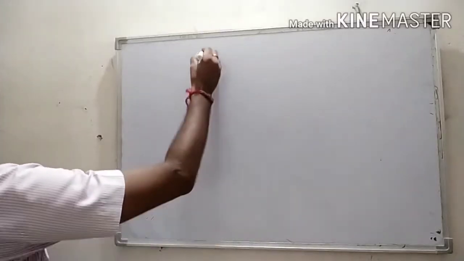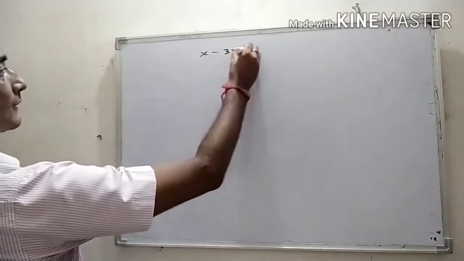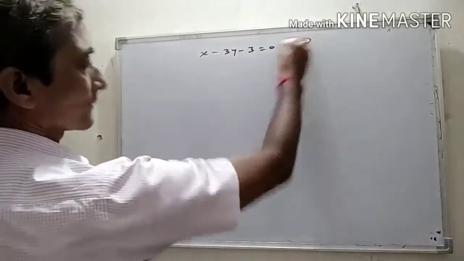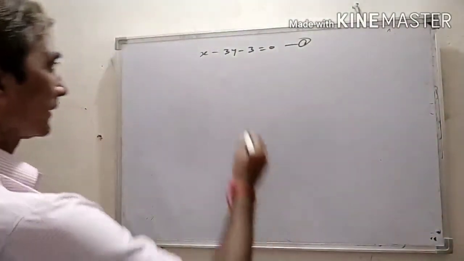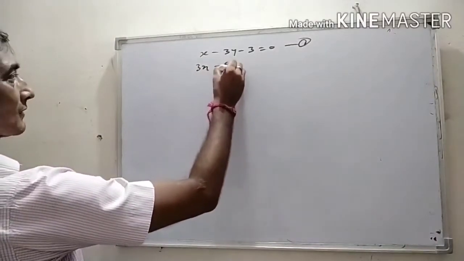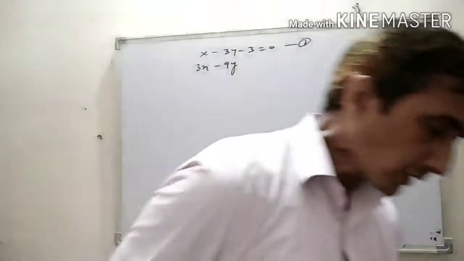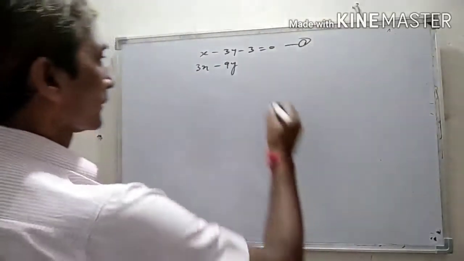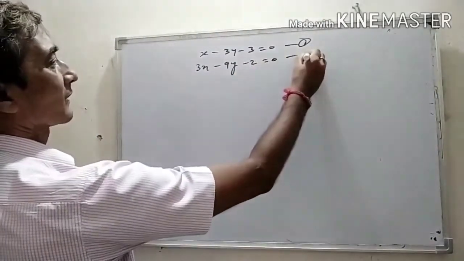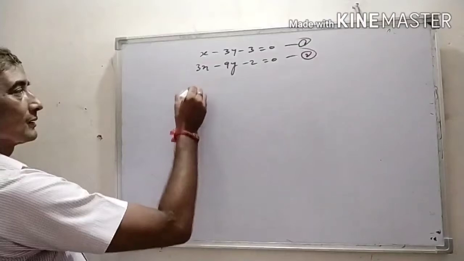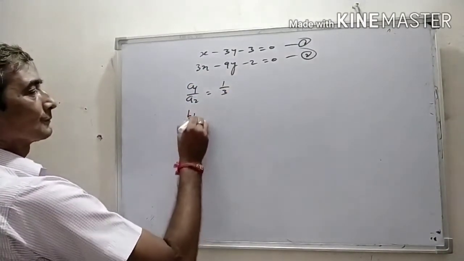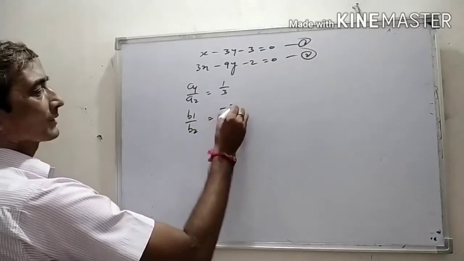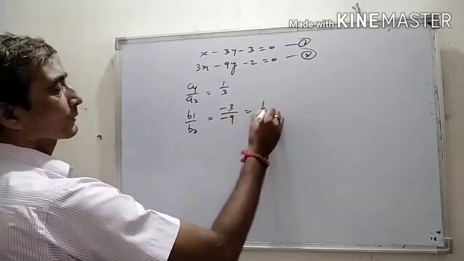First is x minus 3y minus 3 equal to 0. Second equation: 3x minus 9y minus 2 equal to 0. Now, a1 upon a2 is equal to 1 by 3. b1 upon b2 equal to minus 3 upon minus 9, that is 1 by 3.